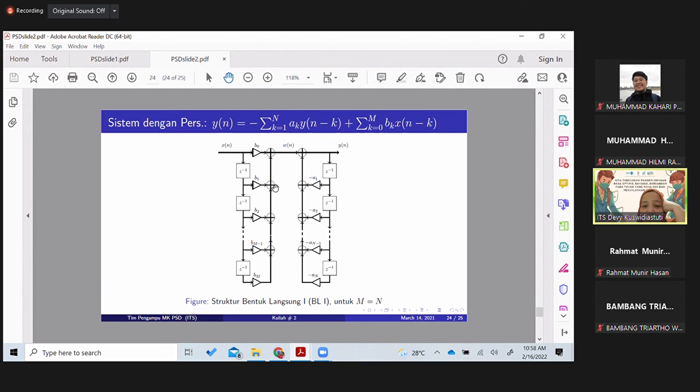If you look at the drawing here, this left part is related to the input. There is B0, B1, B2, and so on until Bm, because the sigma here is from k equals 0 to M, which means the bk here will act as a constant multiplier from B0 to Bm.